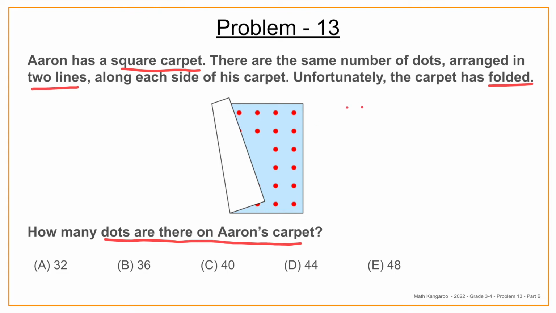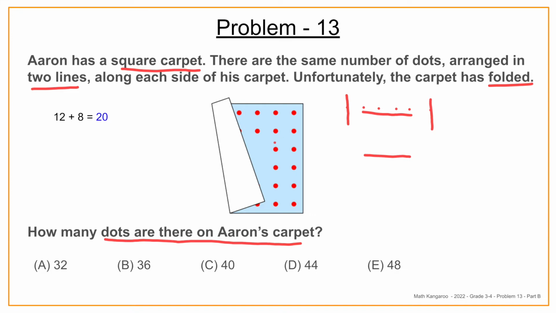Then on the other sides we have already counted the corner dots, so how many are left? 4. So we have 4 on one side and 4 on the other side. That makes 8. 12 plus 8 gives us 20. So we have 20 dots on the outside.